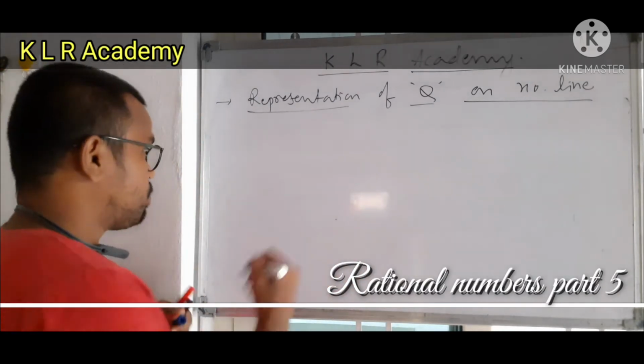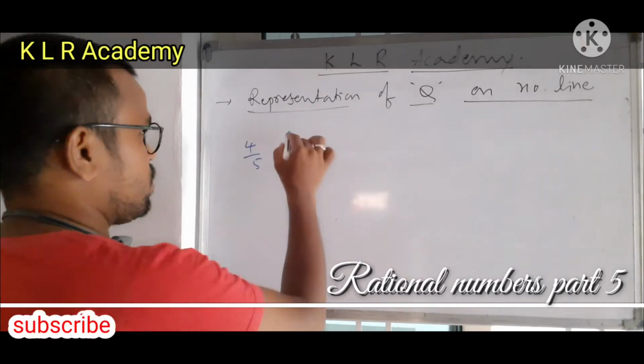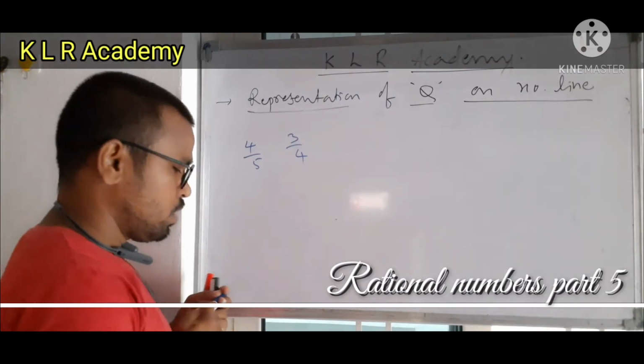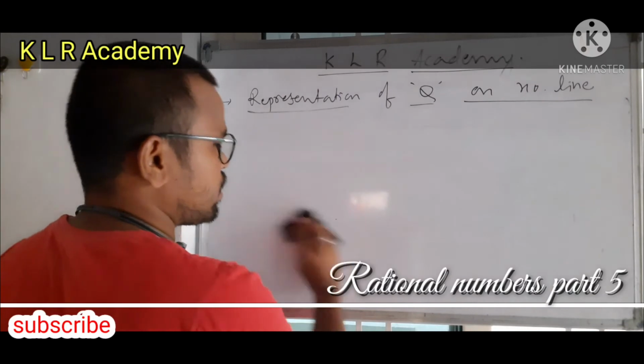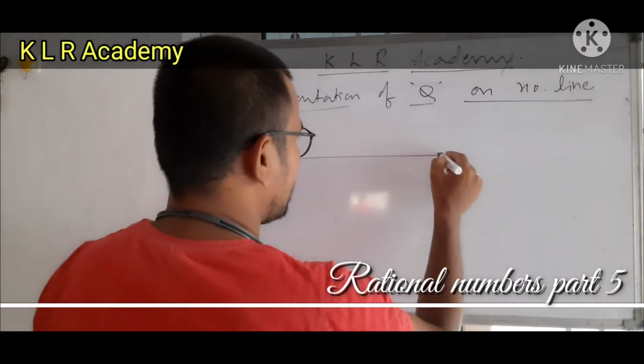But how can you put values like 4 by 5, 3 by 4? How can you represent these values? We call these types of numbers rational numbers. So let us consider the number line.